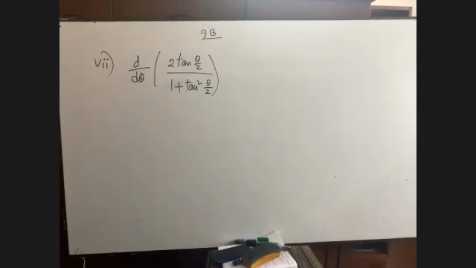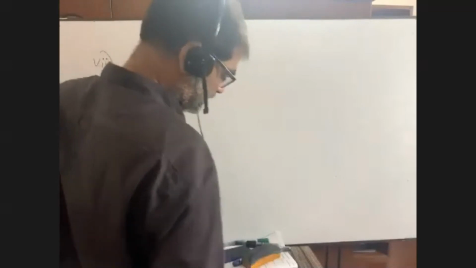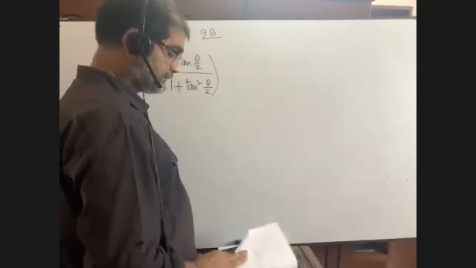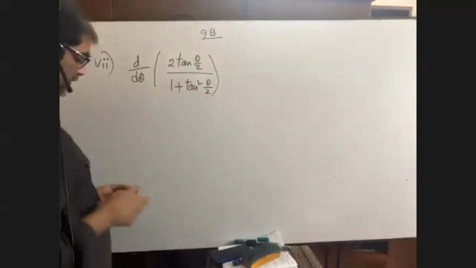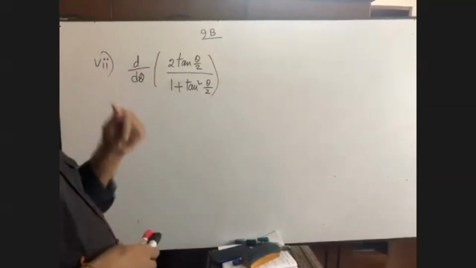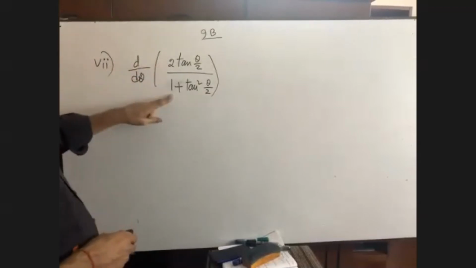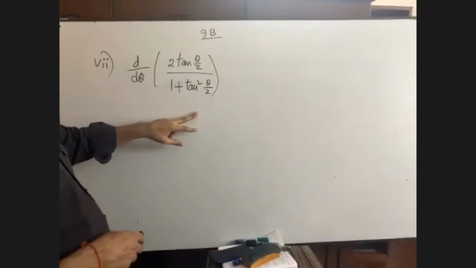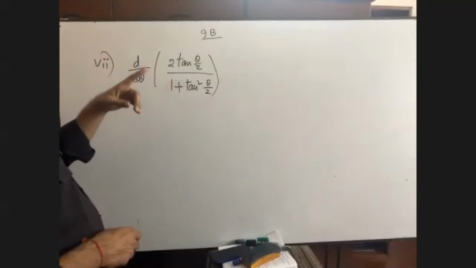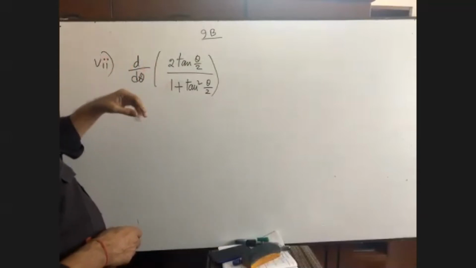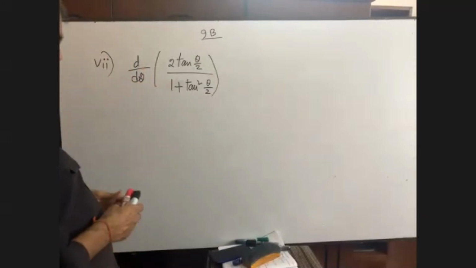Is it the sin 2 theta formula? Be sure. Earlier it was tan 2 theta. Okay, just wait. It can be done in 2 ways. Number 1, sine by cosine, it is sec square theta. So it will be done easily. I think you have got my point, right? Yes, sir.